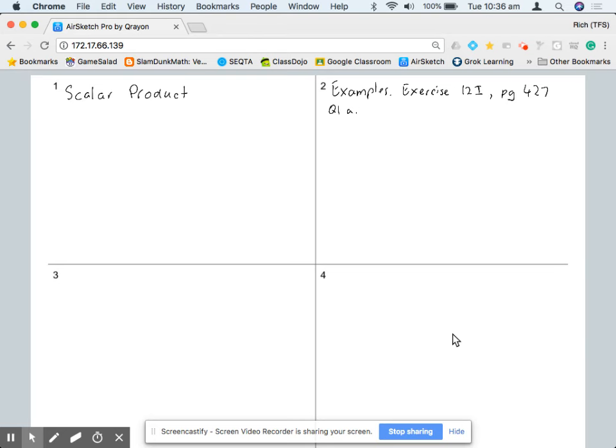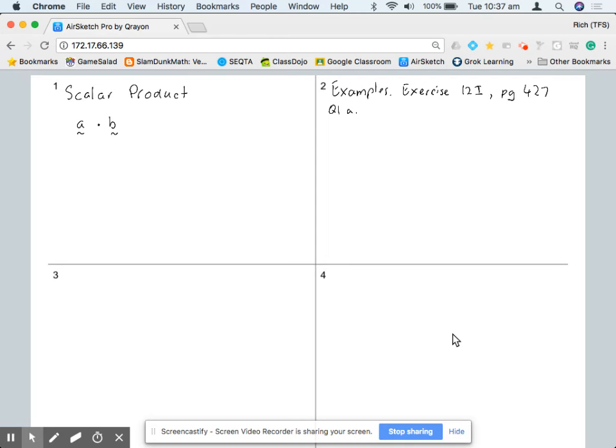So we have two vectors, A and B. So we're going to have A vector, which I'm just going to notate with a squiggly underline. That's my preferred way of notating a vector. So A vector, and then we've got B vector, like so. And we're using this dot to represent multiplication.